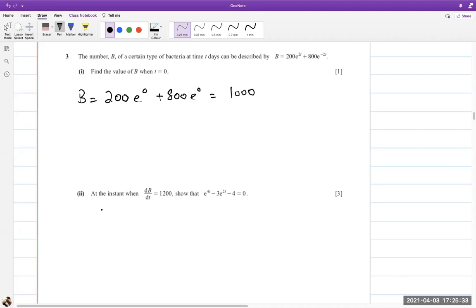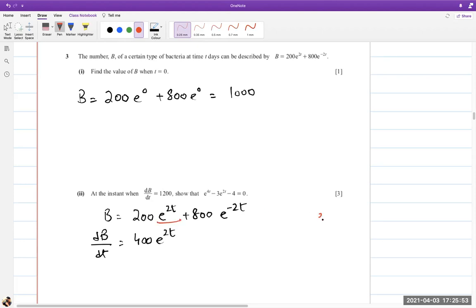All right, so let me just copy the equation here. I do dB by dt, which leaves me with 400 e power 2t. How did I do that? Basically, for exponentials, this is your function.